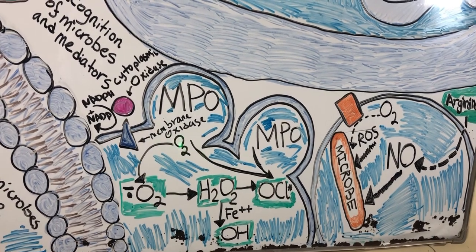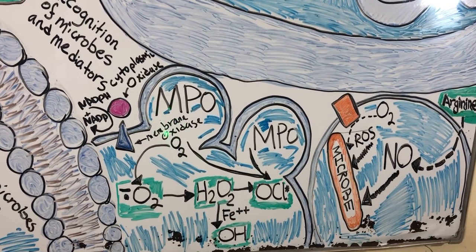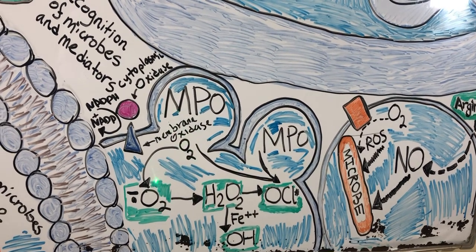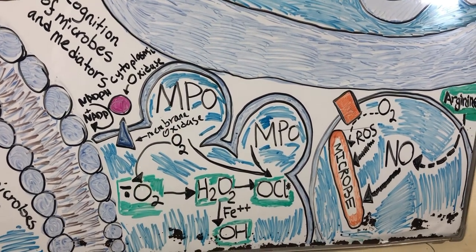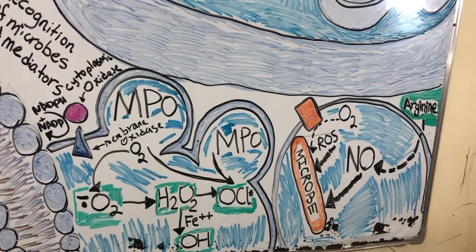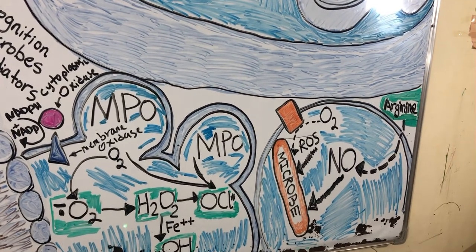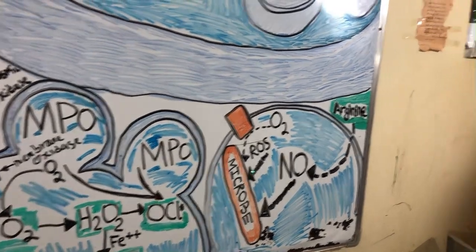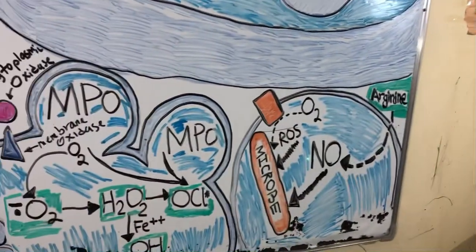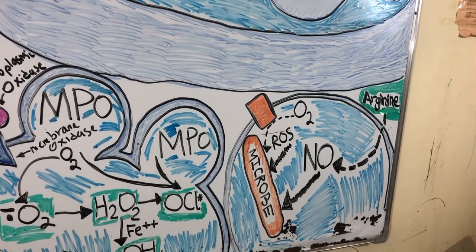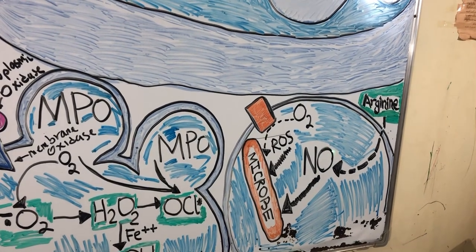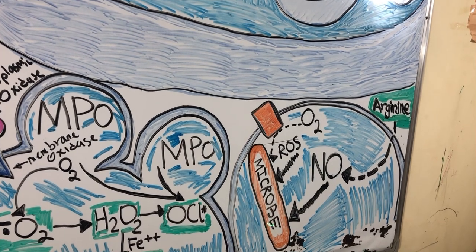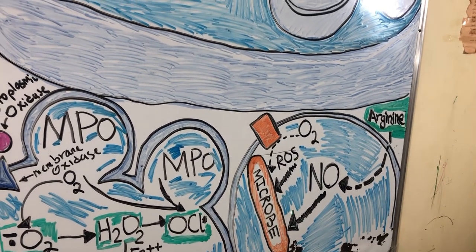We have the membrane oxidase that converts oxygen into superoxide, which is the main reactive oxidative species. Then we bring superoxide down into peroxide, and we also have arginine, from which we get nitric oxide in order to get nitric oxide reactive species to destroy our microbes.